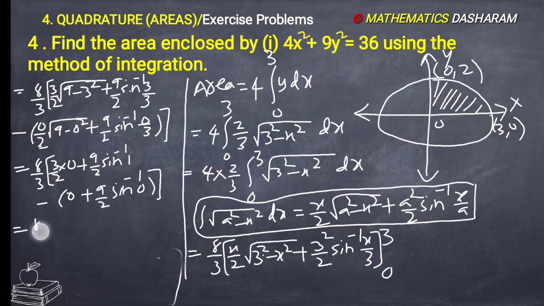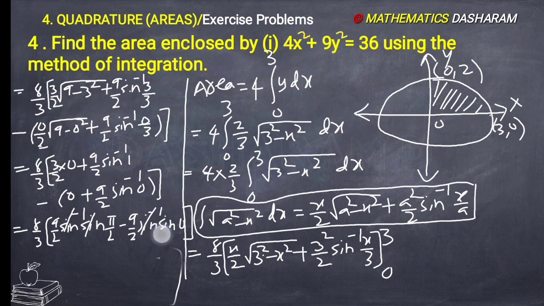So it is equal to 8 by 3 bracket of 3 by 2 into 0 is 0, 9 by 2 into sine inverse of sine 1, which can be written as sine pi by 2, so minus here 9 by 2 into sine inverse 0, which can be written as sine 0, sine inverse sine cancel, 8 by 3 into 9 by 2 into pi by 2, 9 by 2 into pi by 2 minus 9 by 2 into 0.